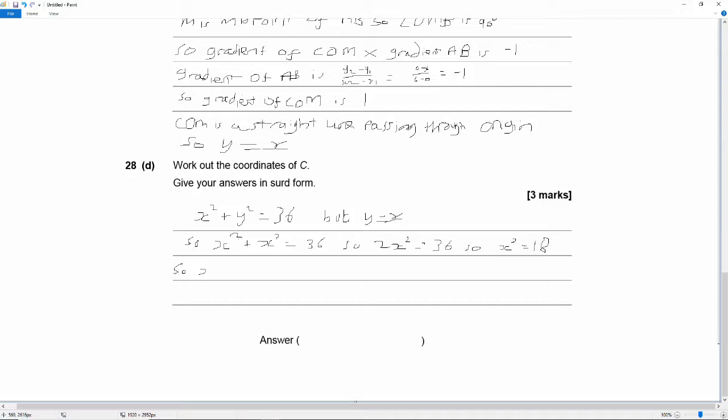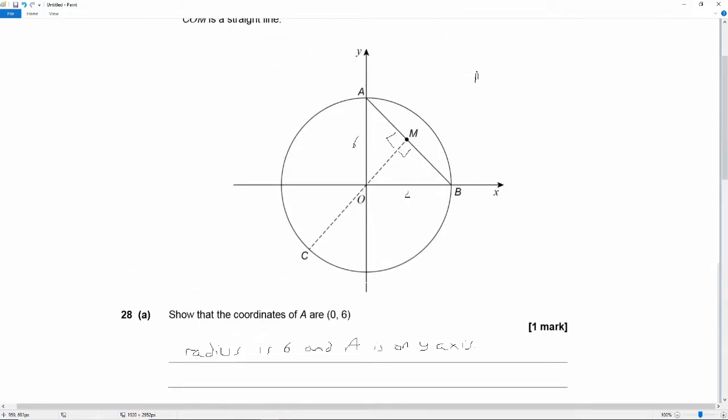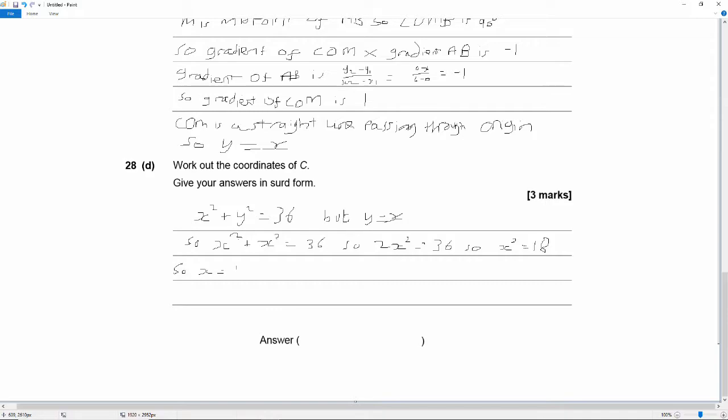So x is equal to plus or minus the square root of 18, which is equal to plus or minus the square root of 2 times 9, which is equal to plus or minus root 2 times root 9, which is equal to plus or minus 3 root 2.